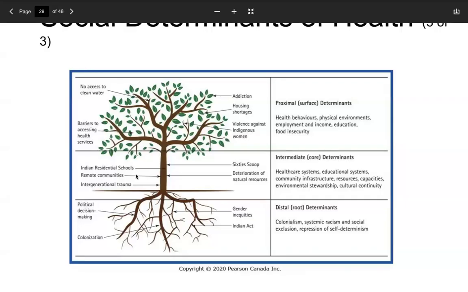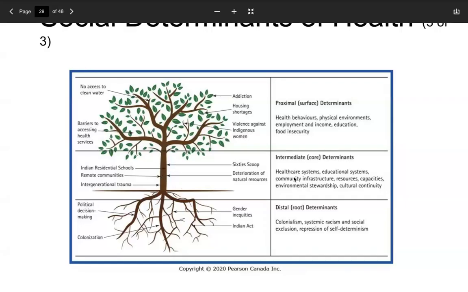Then when we move up to the middle here, these are called the intermediate or the core determinants. These are the systems and the structures that support or limit Indigenous health. So it's kind of like the tree trunk, right? It's the structure, it's the system that's holding the tree in place.